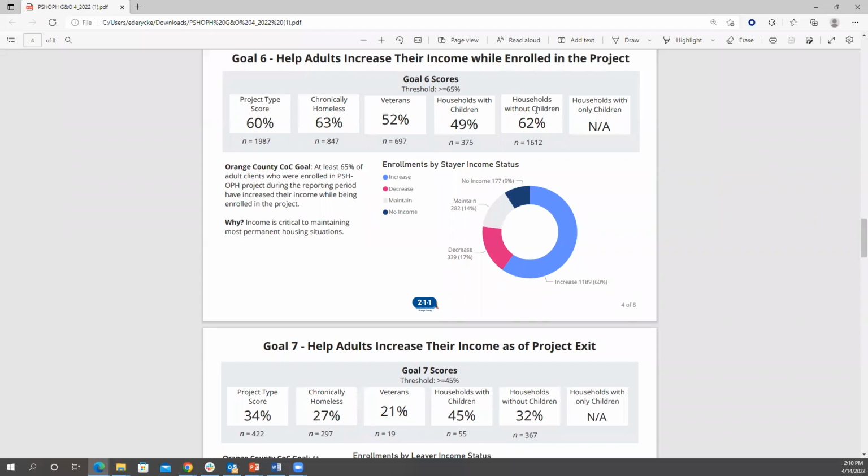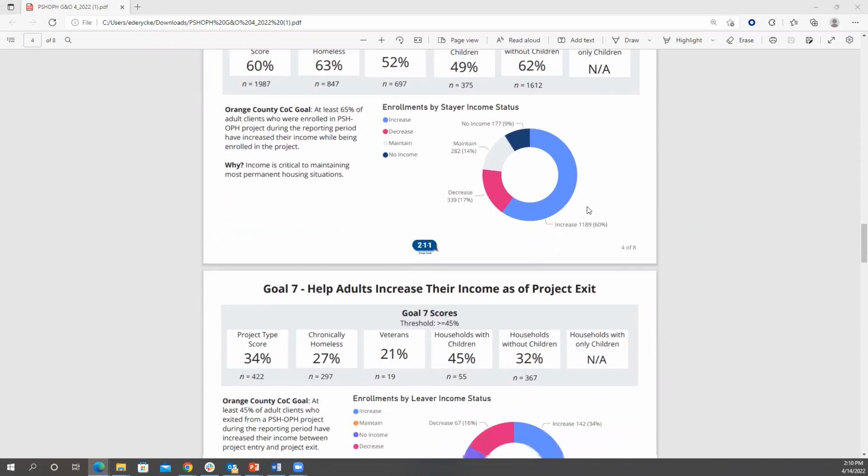And keep in mind that change in income also includes a cost of living raise. So like if you're getting disability or some other type of funding like that, and they give a cost of living increase to the clients, which happens sometimes, that should also be recorded in HMIS. And that would be counted as increased income for your clients.